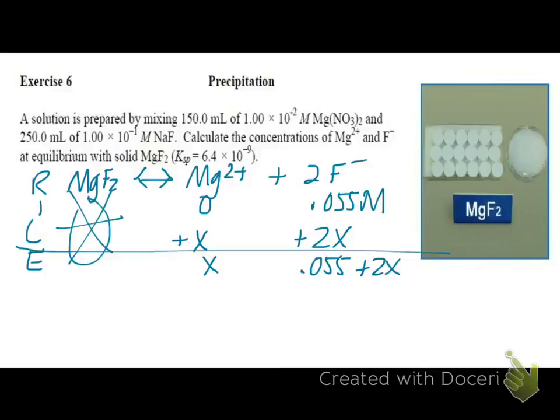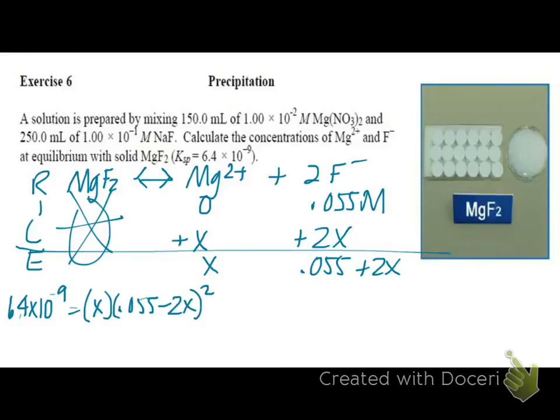We know that our Ksp value is 6.49. I just totally made that up. Actually, I think I just combined it. So we have 6.4 times 10 to the negative 9 is going to be equal to x for the magnesium, and 0.055 minus 2x squared.